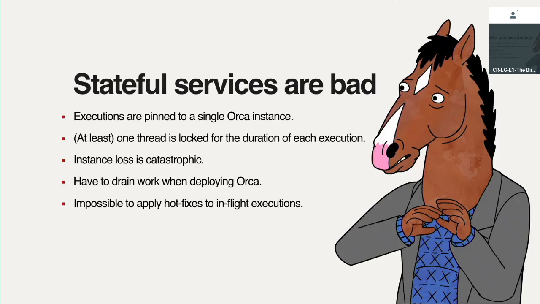Things are not storing state and sensitive to being destroyed, because everyone in this room has probably heard of Chaos Monkey, the service that will knock instances out of the cloud at random. That did not work with Orca in its initial state because failure of an instance was catastrophic. We would lose all the work running on that instance, because one of the really annoying things that Spring Batch does is it actually pins a thread for the entire run of a job. It just locks a thread because Spring Batch is intended to be fairly short running.